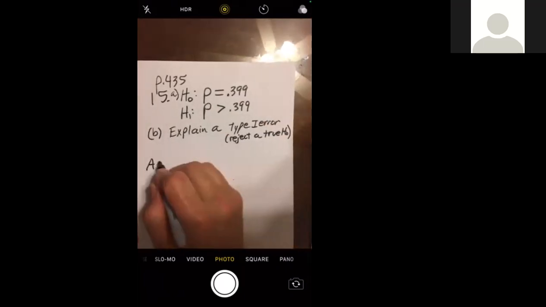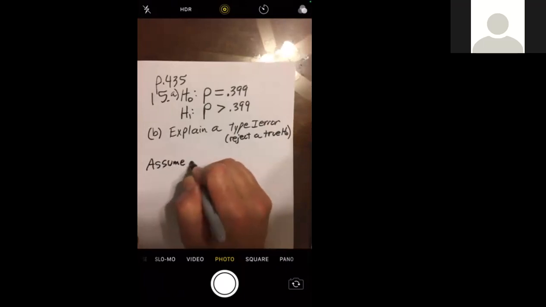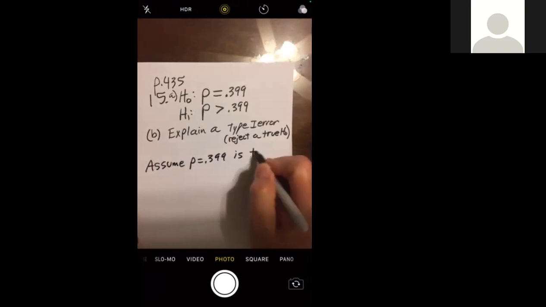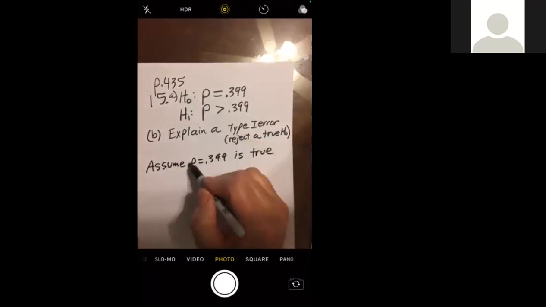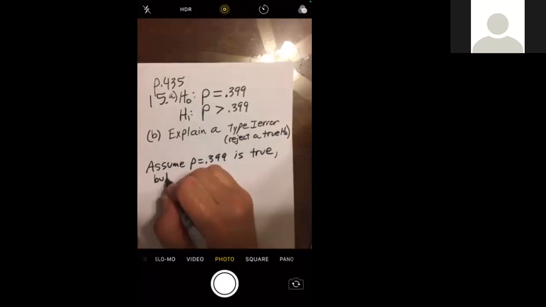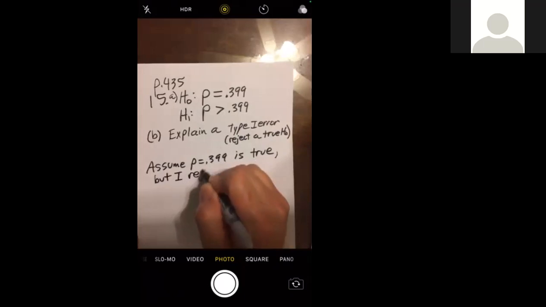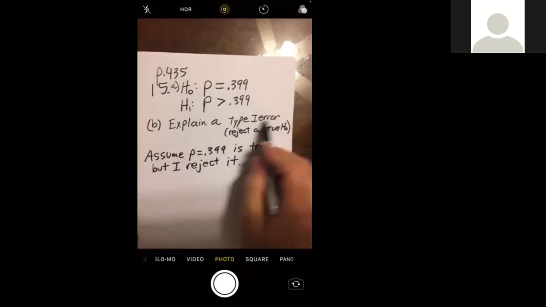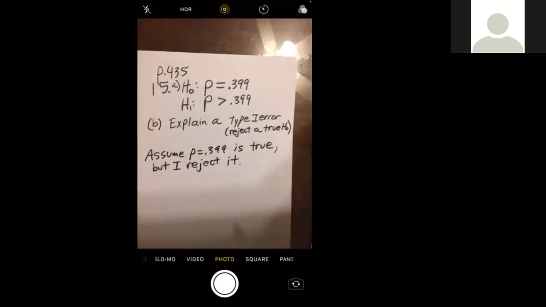I'm going to say assume that P equals 0.399 is true. See, that's my null hypothesis. We want it true, but I reject it. That would be making a type 1 error.